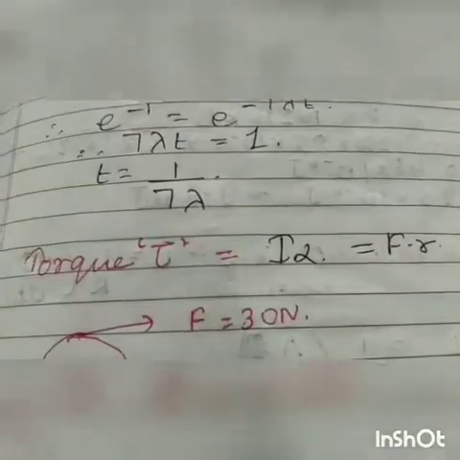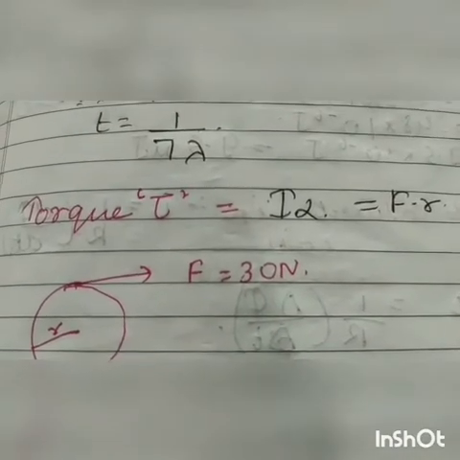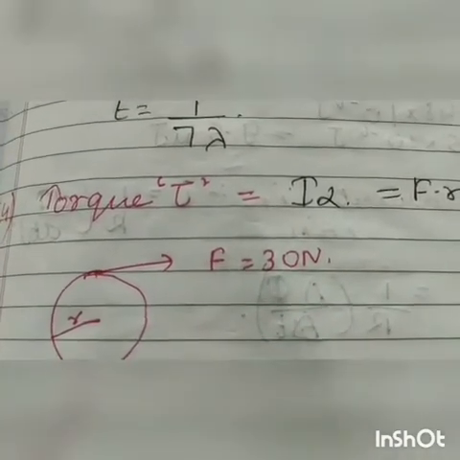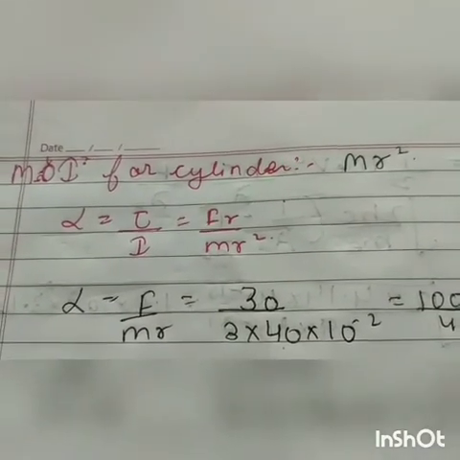A rope is wound around a hollow cylinder of mass 3 kg and radius 40 centimeter. What is the angular acceleration of the cylinder if the rope is pulled with a force of 30 N? So torque is equal to Iα and it is also F into R, and the value of force given here is 30 Newton. Now we know that moment of inertia for a cylinder is mr².